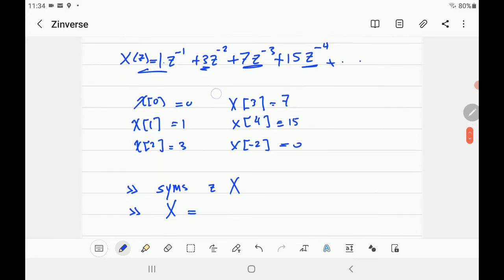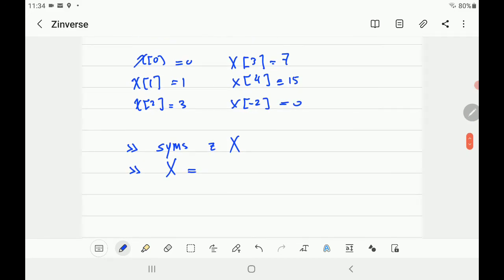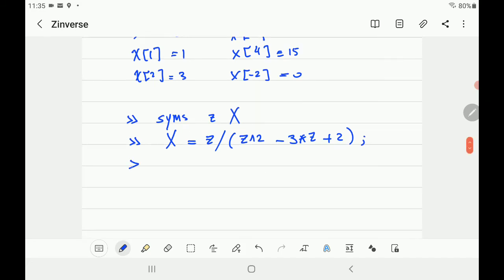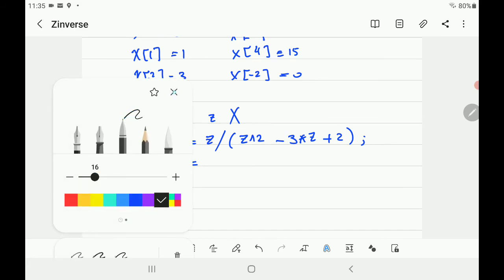Let me write it here in MATLAB. You write z divided by z squared, that should be z squared, minus 3 times z plus 2, semicolon. And you are going to use a command, very simple, to get small x equal to, let me write this in black to make it clear.